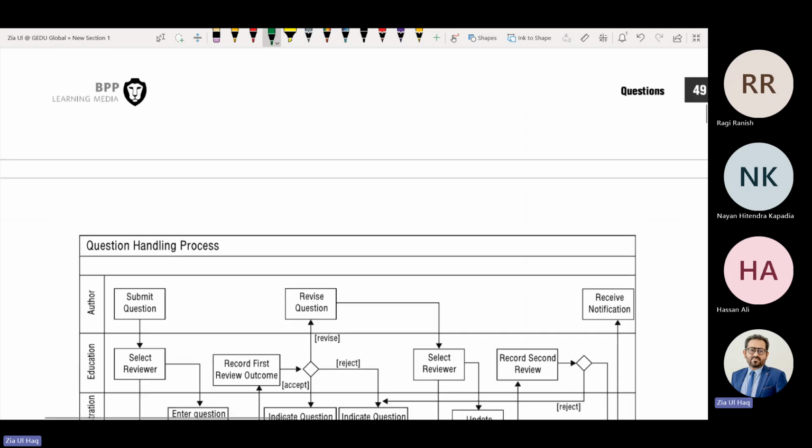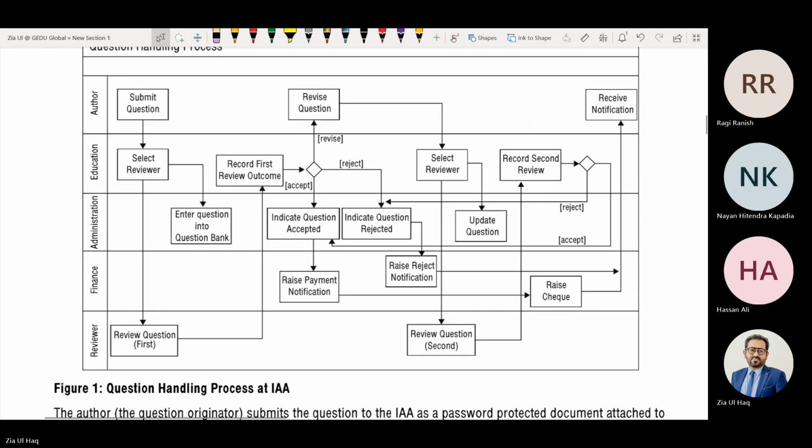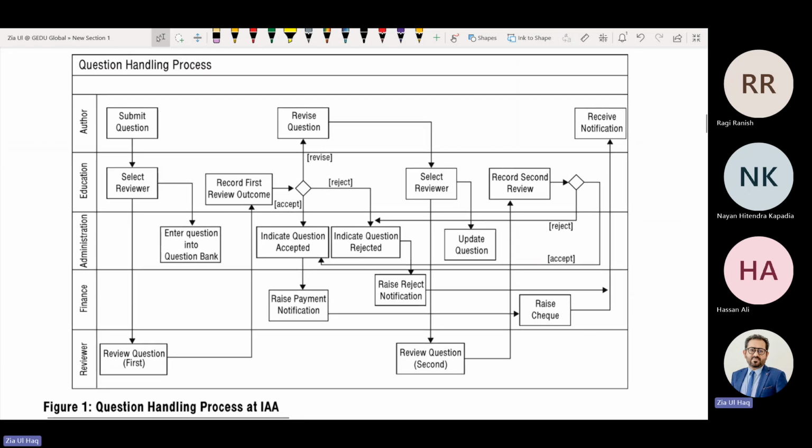Okay. So this is the diagram. Before moving towards reading English, first look at the lanes. What are the lanes? Author lane is there. Who is author? Who writes something. Education lane is there. Might be this education department in the institute.